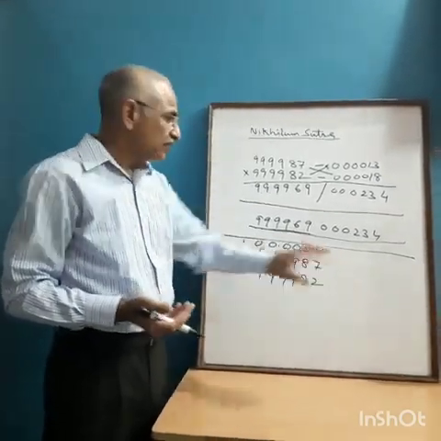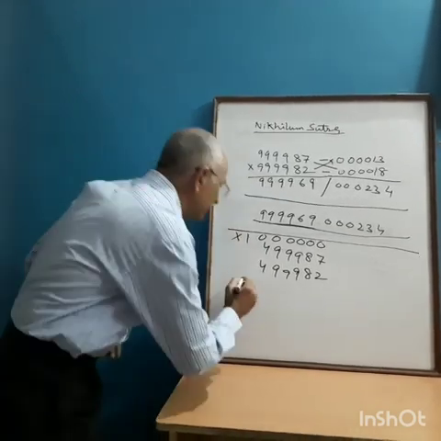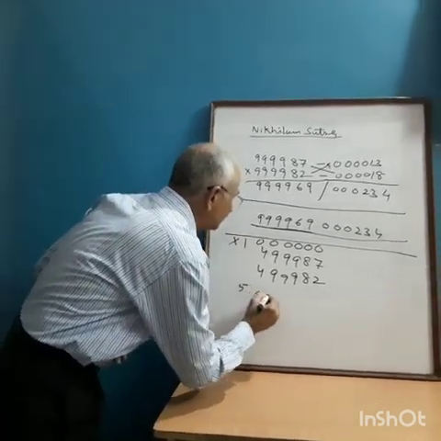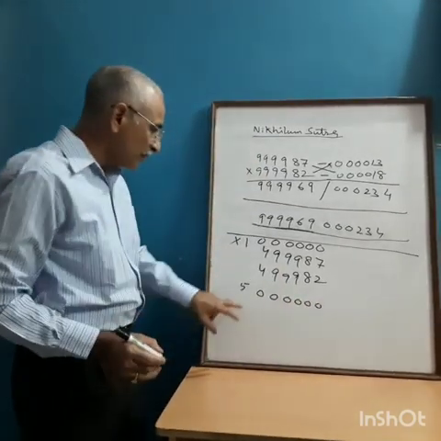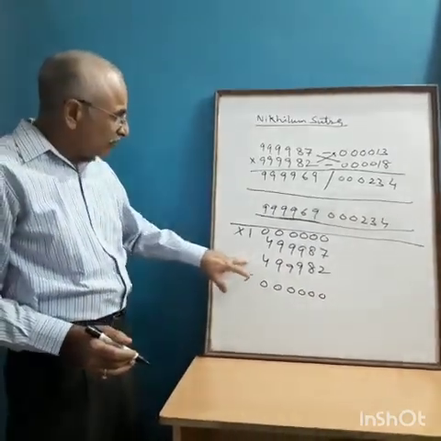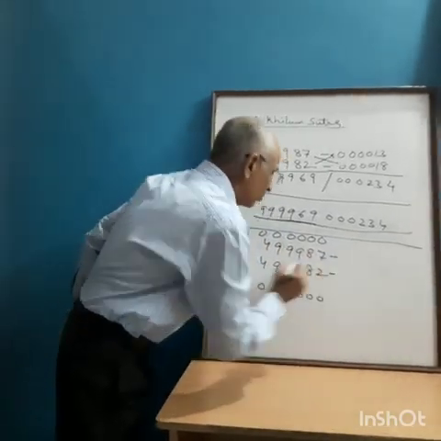In such cases, in place of taking this as the base number, you have to take the base number like this: 500000.